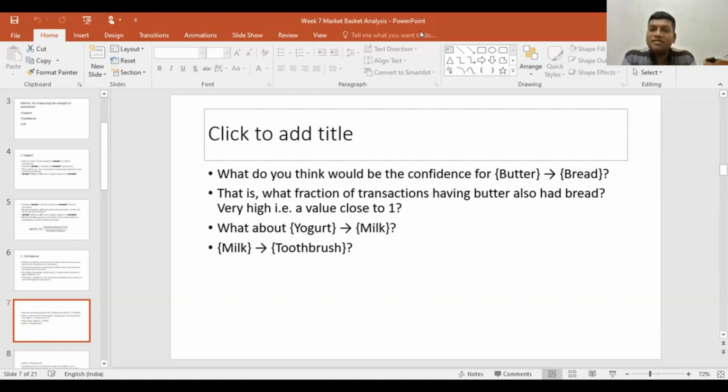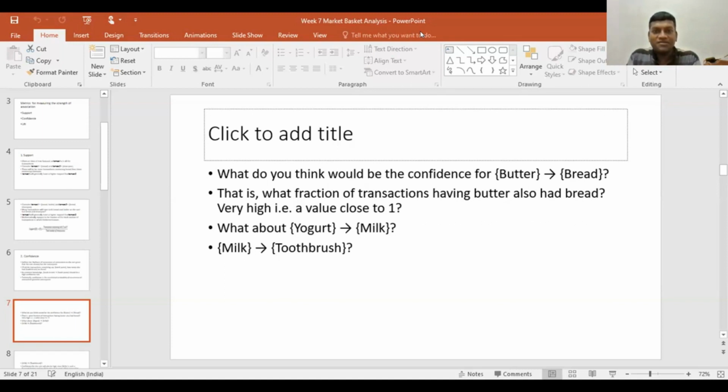Even if toothbrush is a rare event, let's say you purchase it once a month or once in 2 months, because milk is always there, you club milk with anything and you will always find a high conditional probability. If you take all the baskets in which toothbrush is there and look if milk is there, milk will also be there.